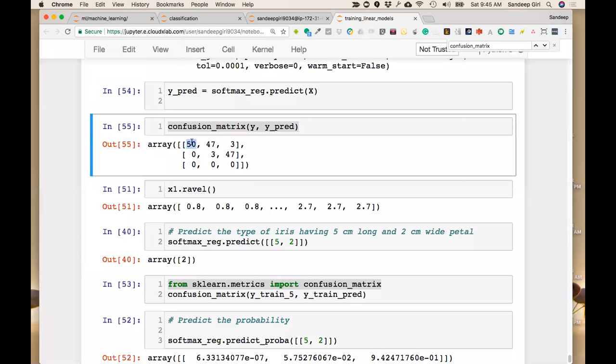Okay. And on the y-axis, it is that, let me just go back. Where did we draw that?